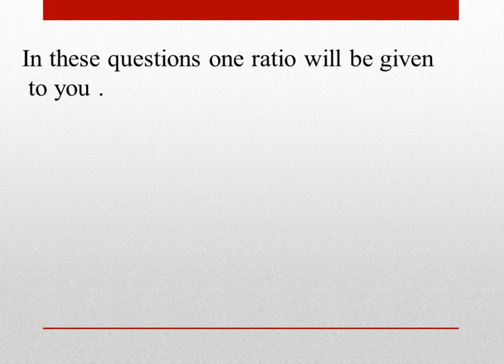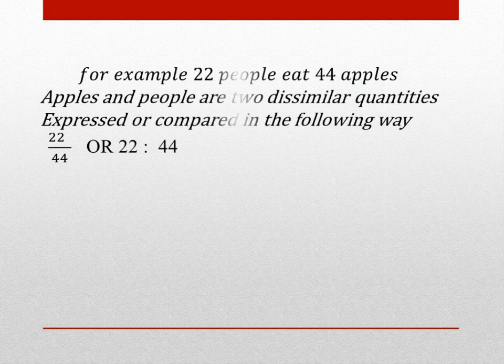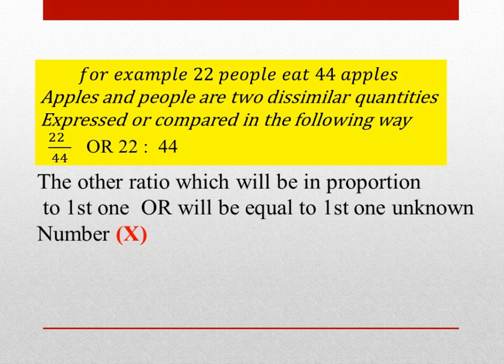In these questions, one ratio will be given to you. For example, if I say 22 people eat 44 apples, comparing these two numbers, we can write it in ratio form as 22 upon 44 or 22 ratio 44. The other ratio will be in proportion to the first one, or equal to the first one.